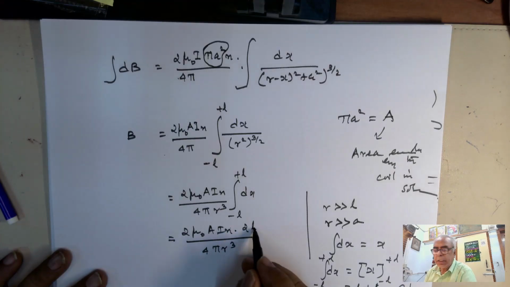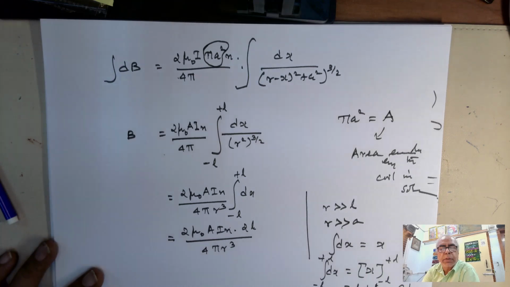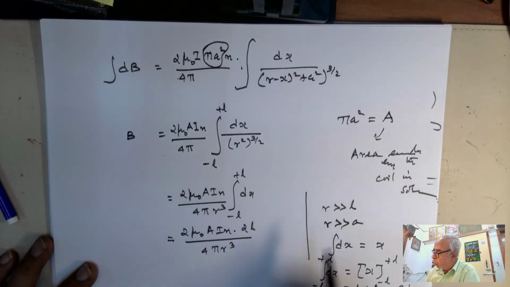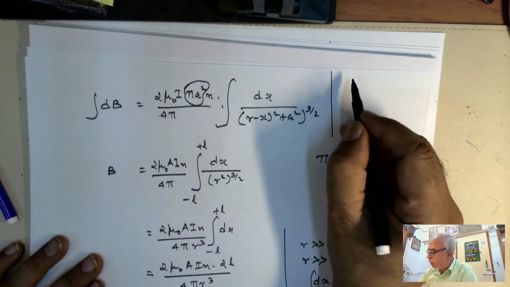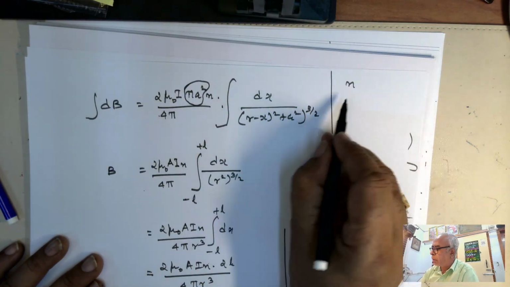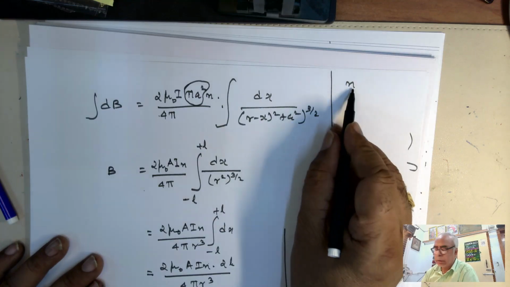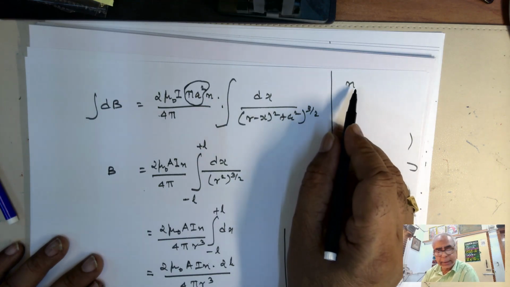Now this n into L, that becomes the net number of turns, capital N. So you can mention this point also. We have got n, the number of turns per unit length.